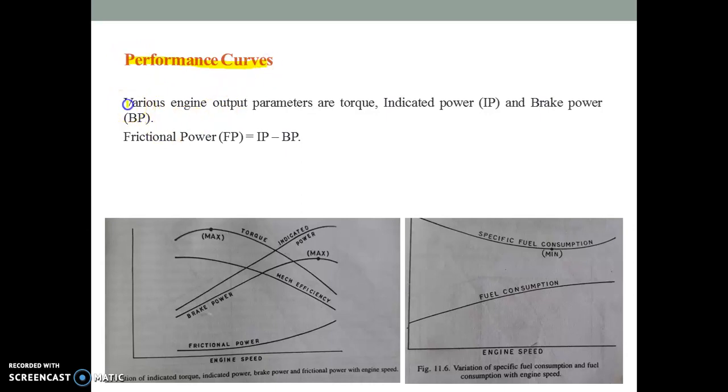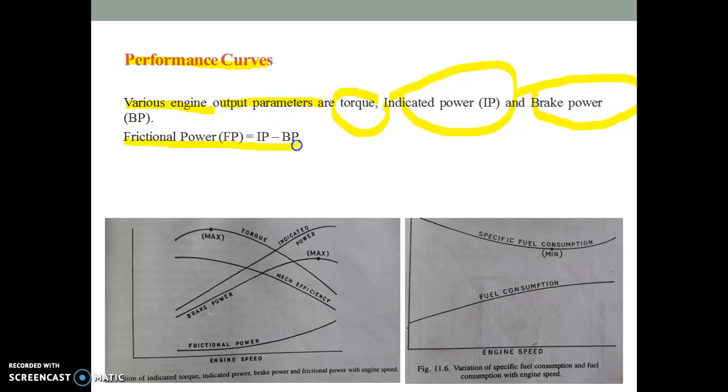Here the various engine output parameters are torque, then IP indicated power, and brake power BP. So frictional power is the difference between IP and BP. As frictional power becomes a larger proportion of indicated power IP with the increase of speed, the brake power BP curve drops more rapidly compared to the IP curve.